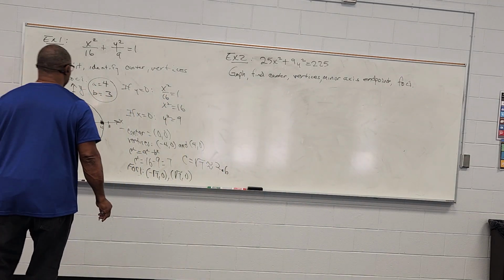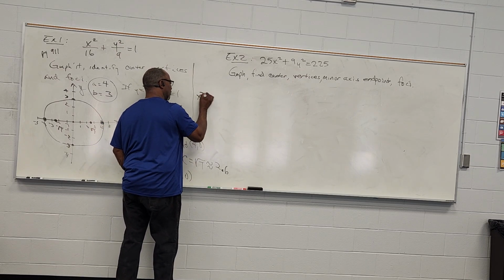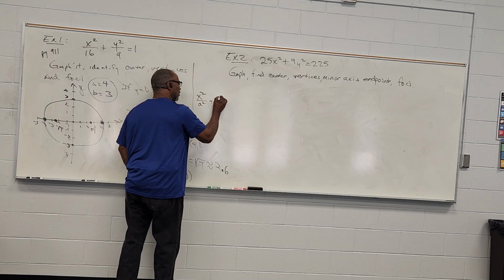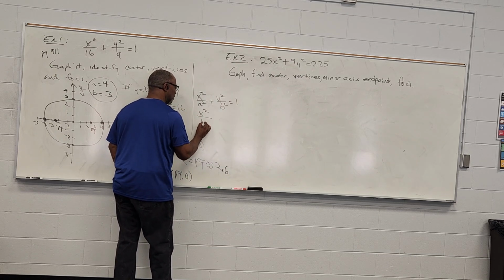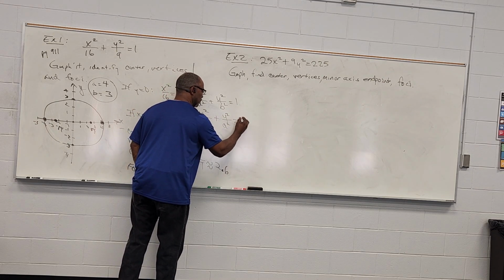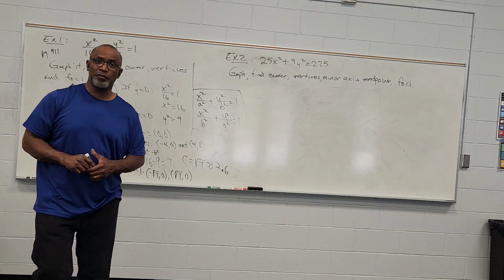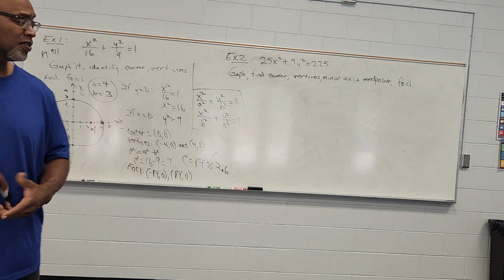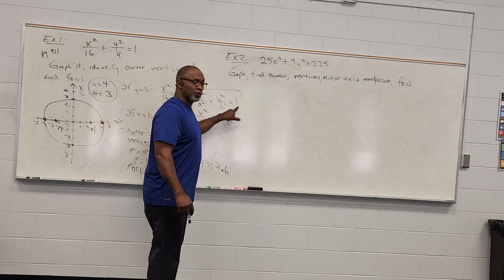Well, again, if I remember the standard form of the ellipse, it was this, or this. Those were my standard forms: one with a horizontal major axis, one with a vertical major axis. The essential feature of both of these standard forms is they're equal to 1.